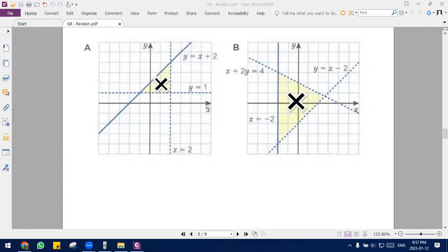Now let me start with the easy lines. For example, we have y equal to 1. So it's that line, the dashed line here that you can see. This is y equal 1. But now I need to check the region. The region is above that line. As you can see, it's here. It's above that line.